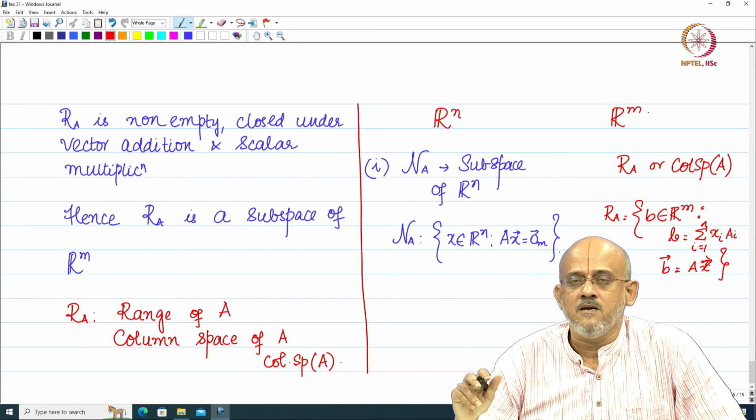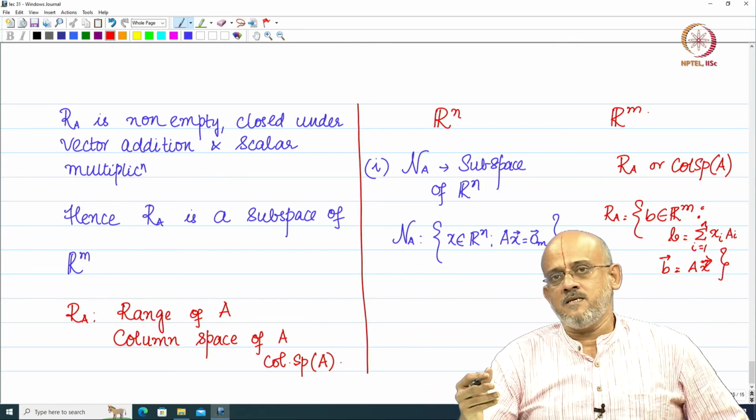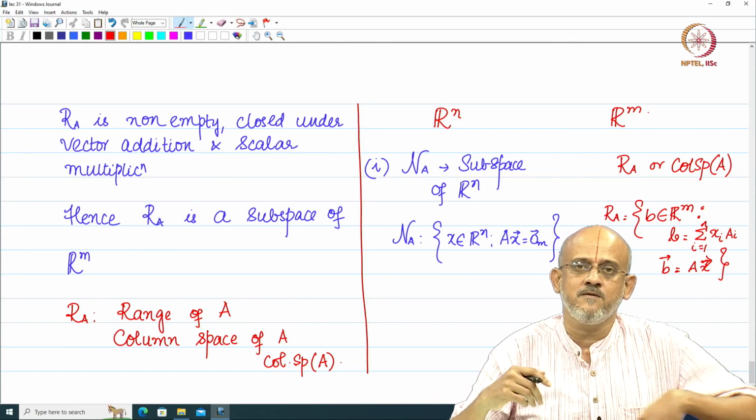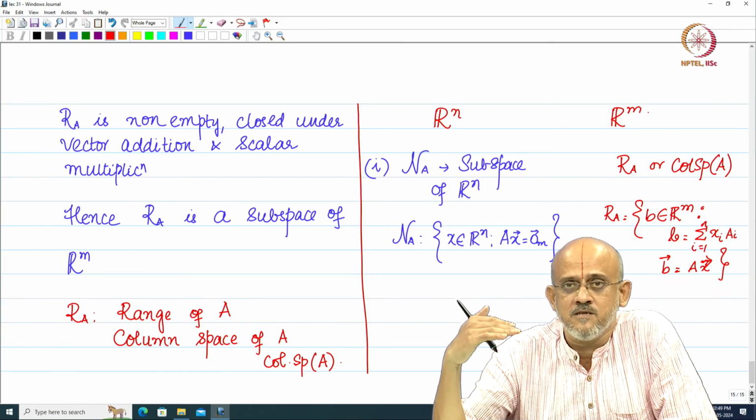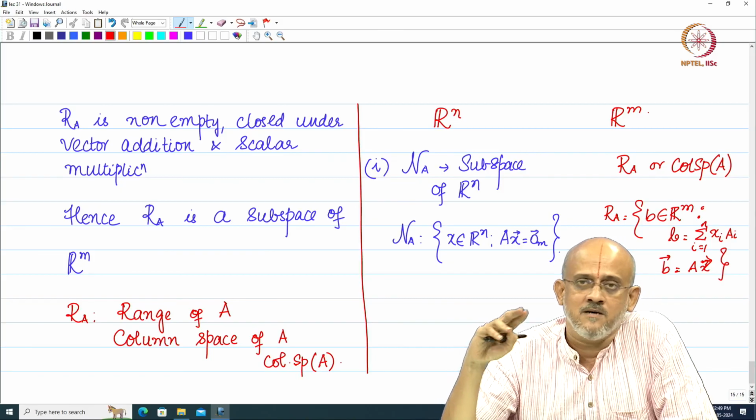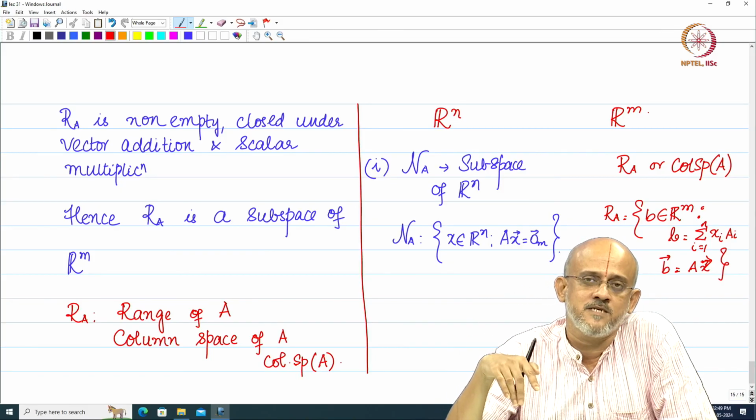Now, in the previous case, when we looked at the idea of null space, we did something interesting. We went from the solutions and we looked at the geometry of the solutions that we had for the homogeneous system of equations.